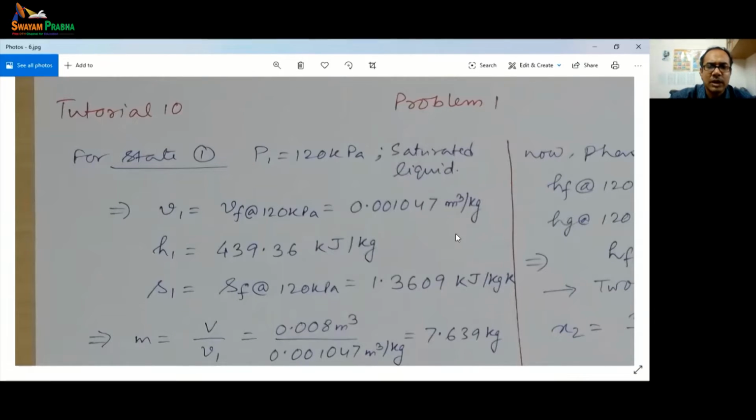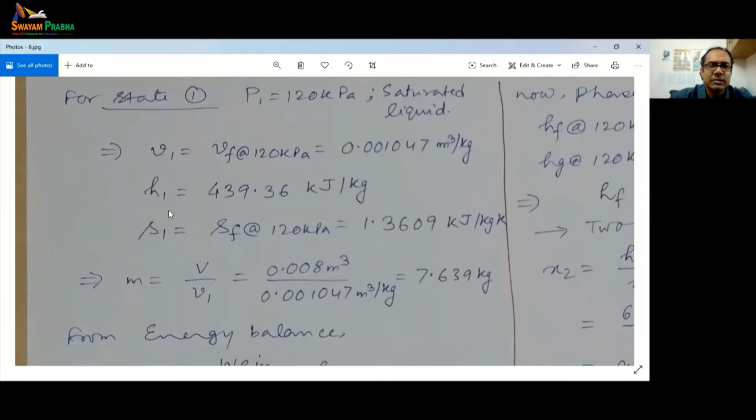Similarly you can find h1, the specific enthalpy at state 1, that would be the specific enthalpy of saturated liquid at 120 kilopascal. Similarly, the specific entropy you can find, that would be 1.3609 kilojoule per kg Kelvin.